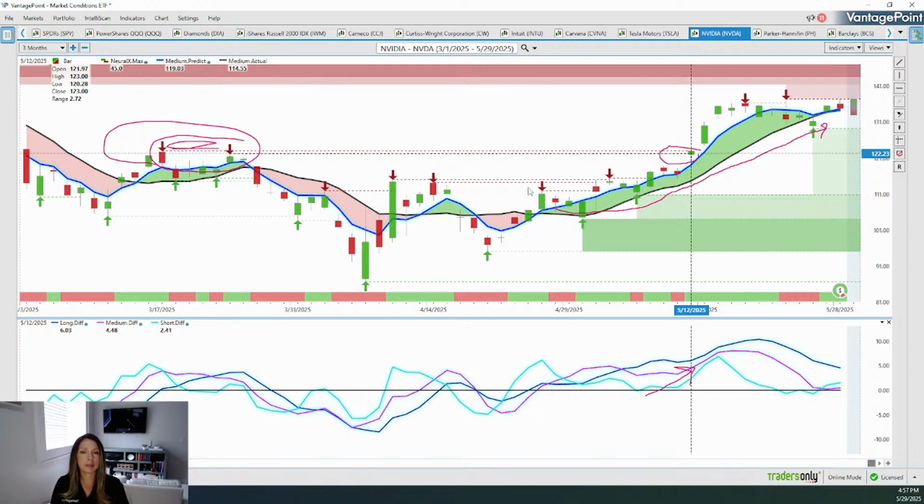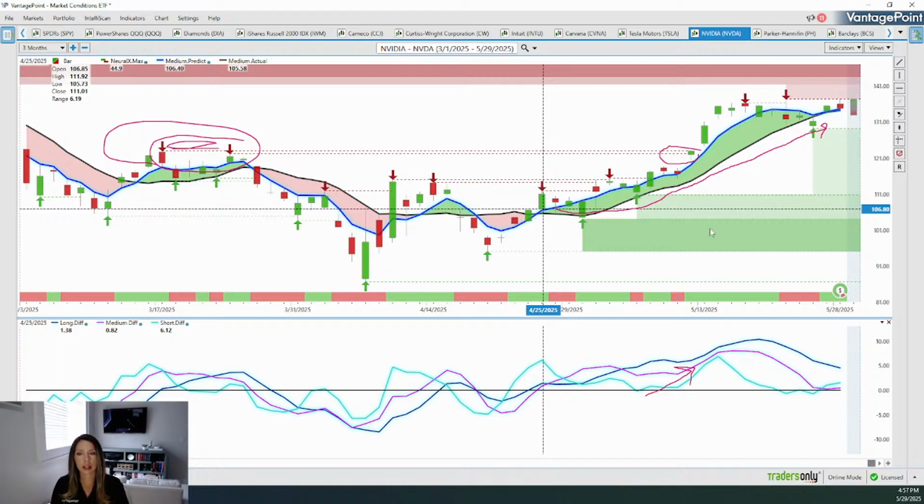So when it comes to entries, position management, even exit scenarios, use the power of artificial intelligence. Use the power here in VantagePoint to help guide you through those different phases of the trade. Know what the market conditions are, know where these key pivot points are, and do yourself a favor and just listen to the technical analysis, right?